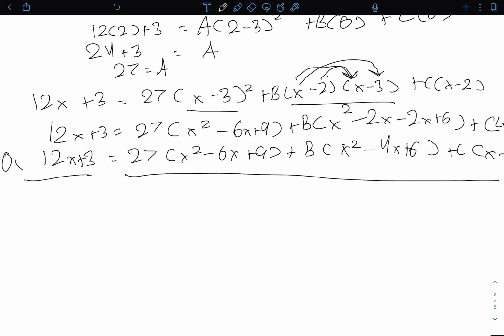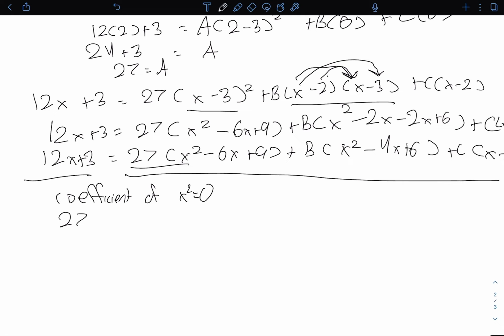So the coefficient of x squared on the left-hand side of the equation is 0 because you don't see any x squared. But over here, there are two terms that have x squared in them, which are 27x squared and bx squared. So the coefficient of x squared equals 0.